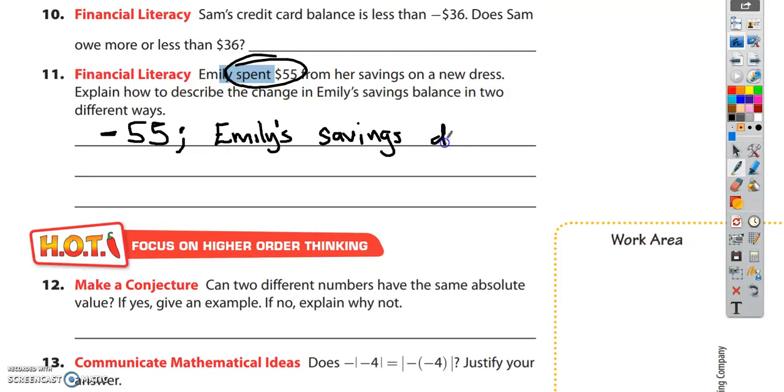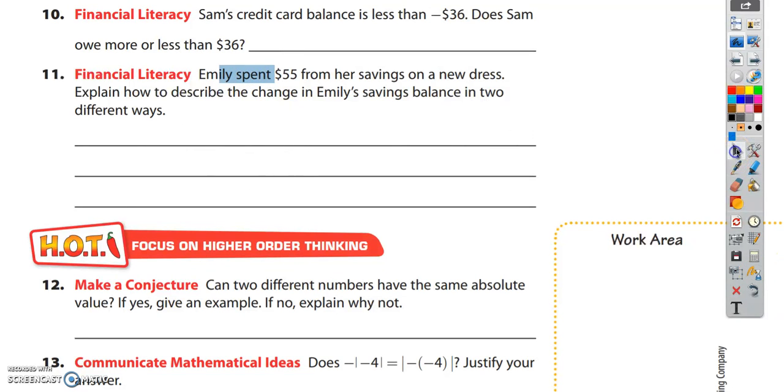Emily's savings decreased by $55. So the 2 things I did here was I used a negative integer to describe how she spent money, and the second thing I did was I found its absolute value and put it as a positive number, but I used the word decreased to describe that it's actually a negative. So that's 2 different ways.